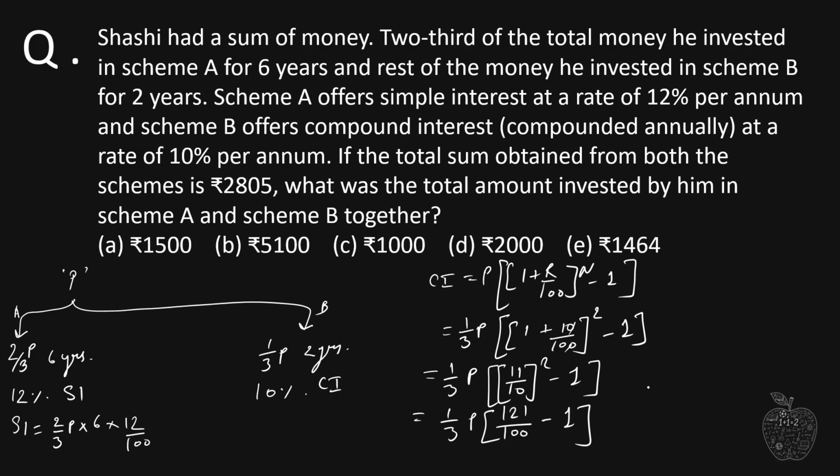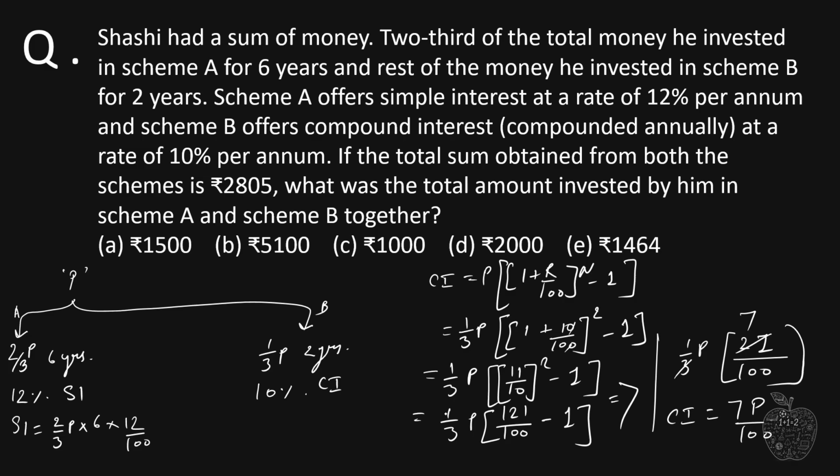So we get 1/3 P into (121 minus 100) over 100, we get 21, and 3 7s are 21, so CI equals 7P over 100.